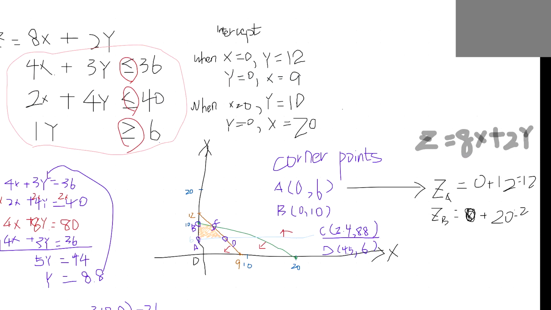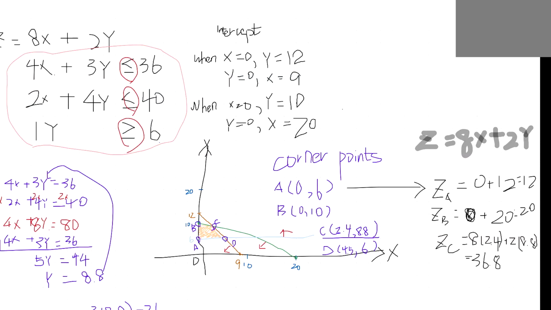C, 8 times 2.4, right. Go ahead, you can just calculate. It would be 36.8. Yes. Okay, thank you. And lastly, ZD.